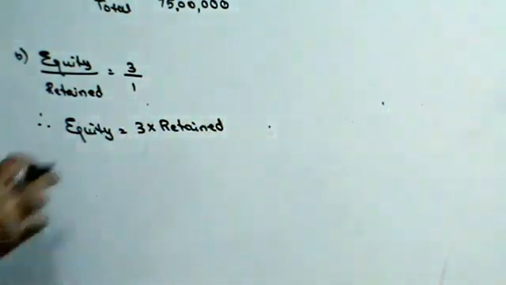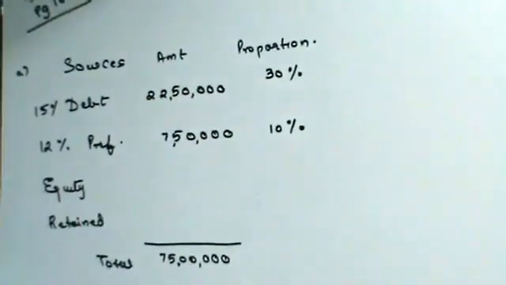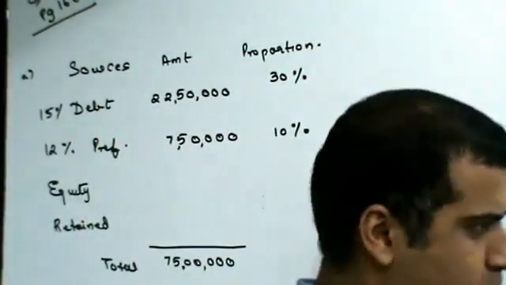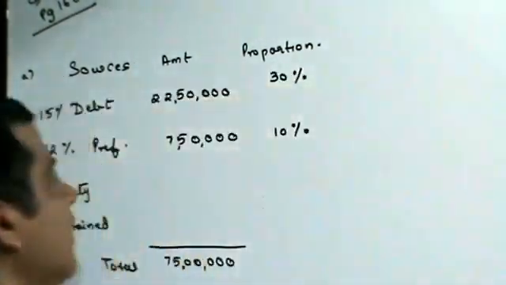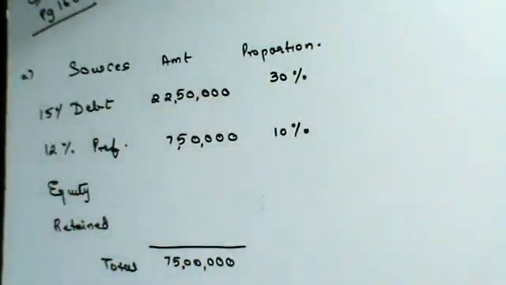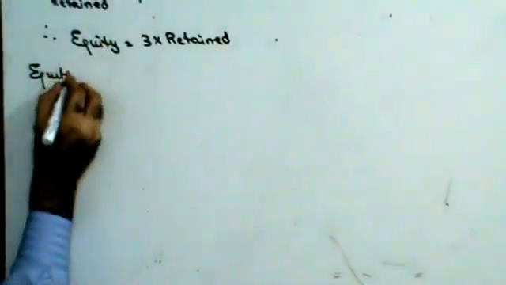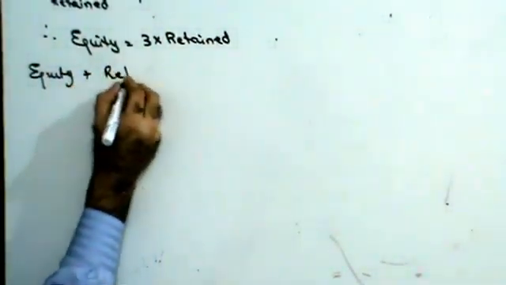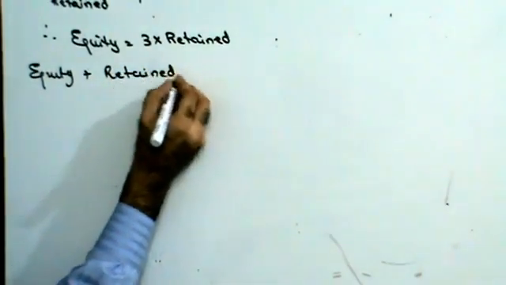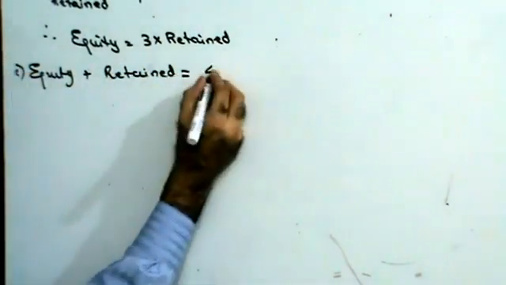Right? Now, we have 75 lakhs, out of which 22 lakh 50,000 is gone and 7 lakh 50,000 is gone. 22 plus 7 is 29, 50 plus 50 is 1 lakh, so 30 lakhs is gone. So that leaves me with 45 lakhs, right? I can say equity plus retained should be equal to 45 lakhs.